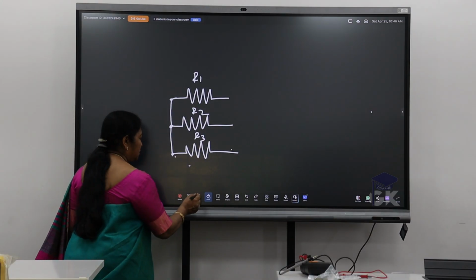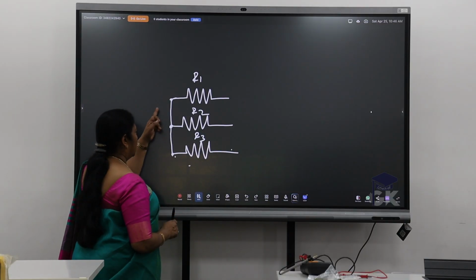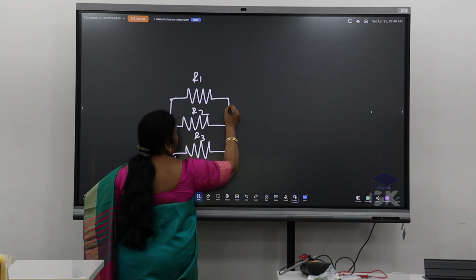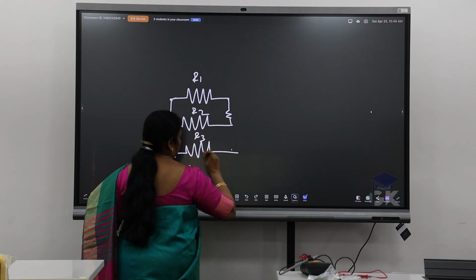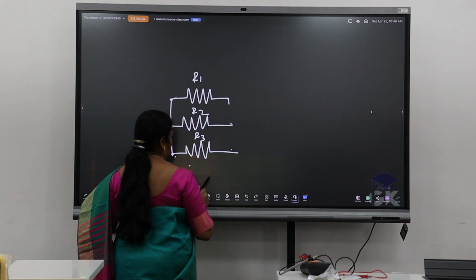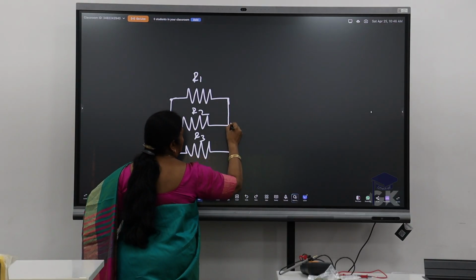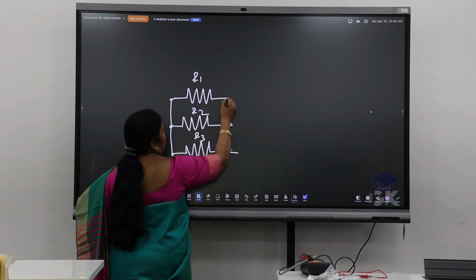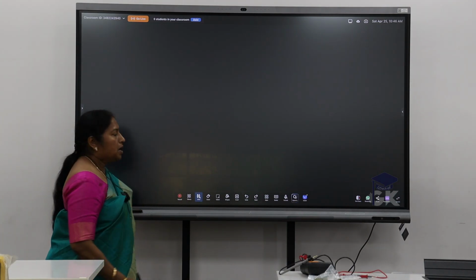So now come to this. I just said that all three common lines have been connected together and the other three common lines I am just shorting together. These lines I have shorted. Okay.